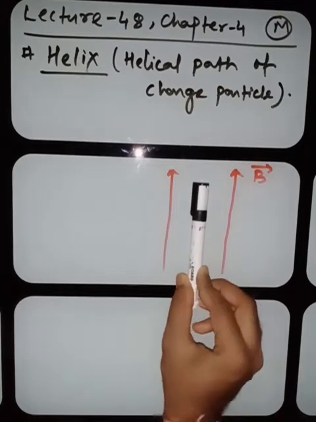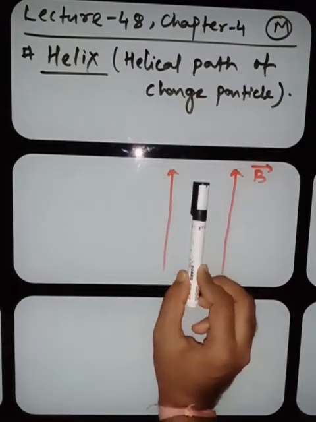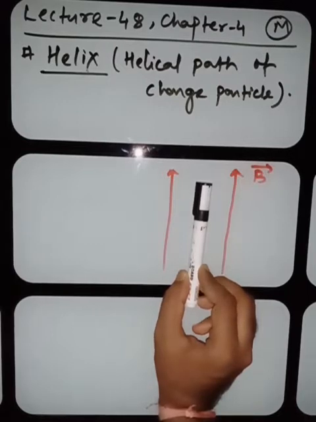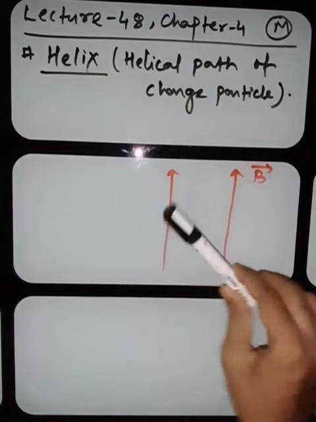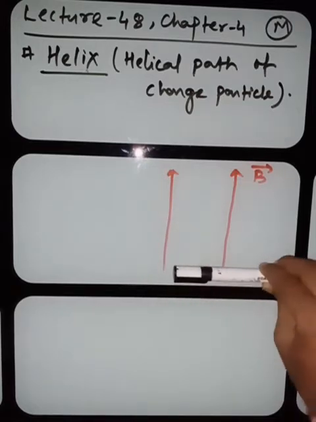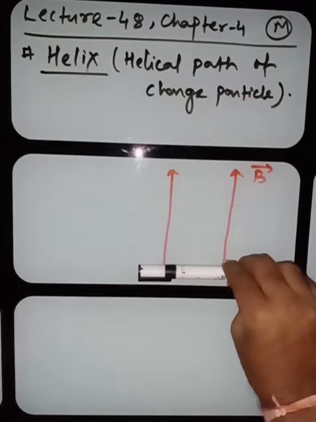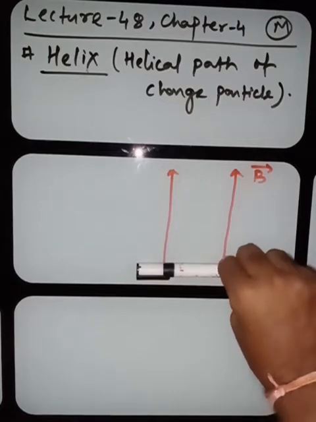This charged particle will not experience any force due to the magnetic field. Am I right? Yes, because we have projected it with velocity parallel to the magnetic field, theta 0, so the force will be 0. But if you project a charged particle perpendicular to the magnetic field, it will experience maximum force.